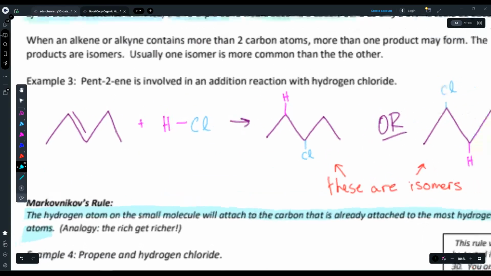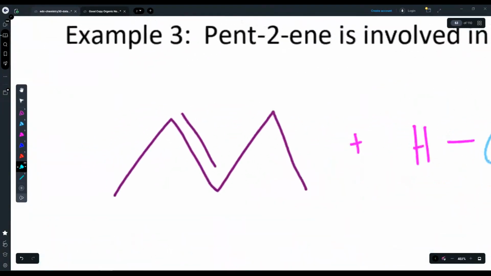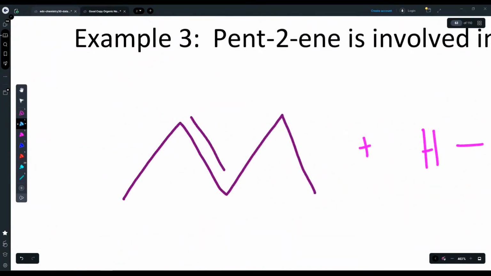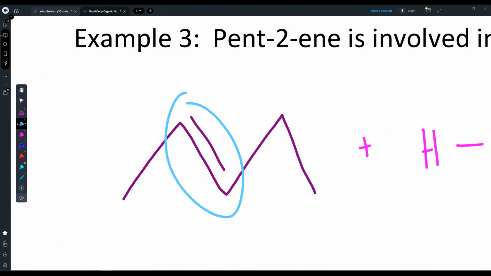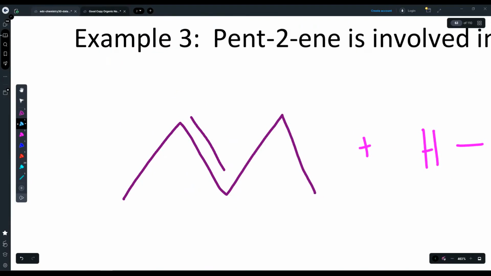Now, in our example that we just did, okay, if we look here at our two carbons that were involved in the addition reaction, both of them only had one hydrogen attached to them.